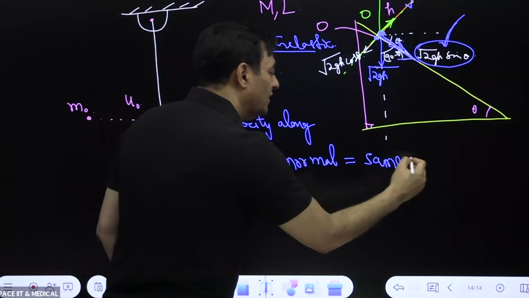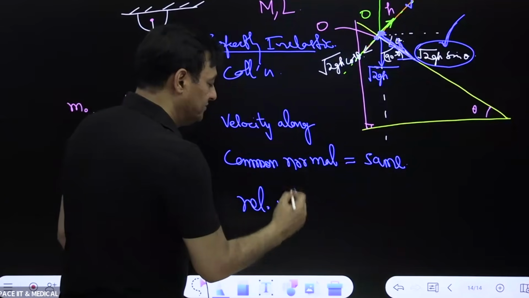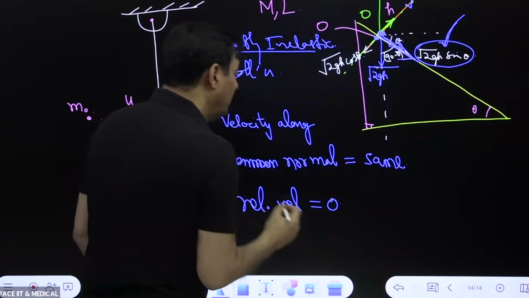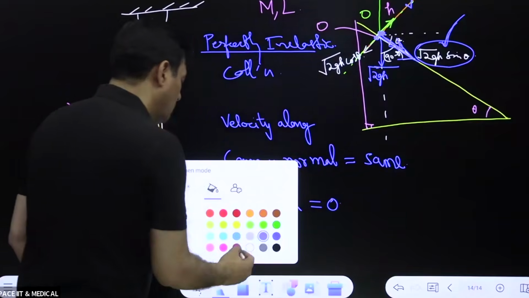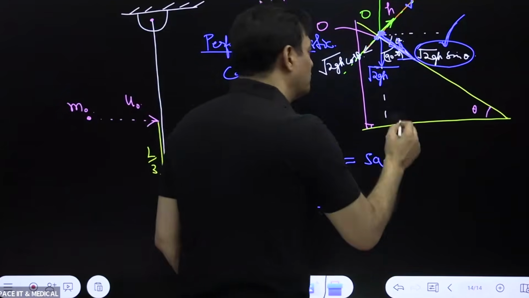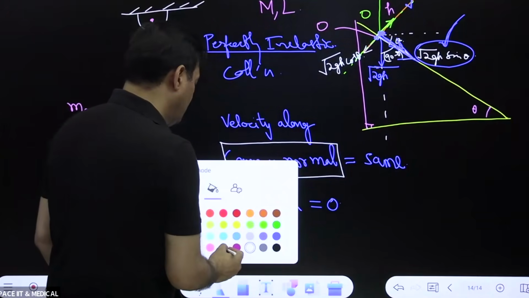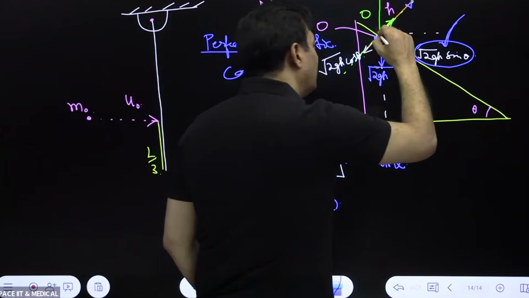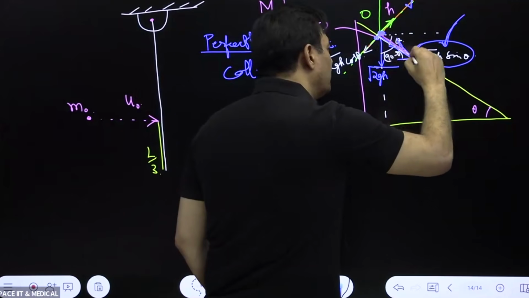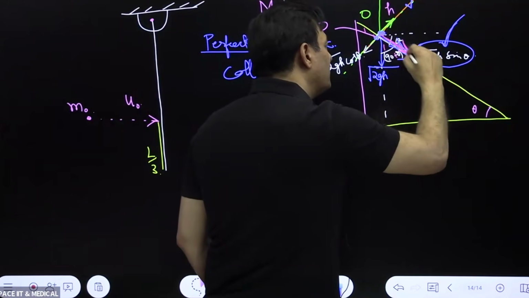for both bodies, and the relative velocity should be 0. But in which direction? Along the common normal, not along the tangential direction. So this ball, despite having a perfectly inelastic collision, still had a velocity after collision in this direction, and because it was frictionless, that velocity remained unchanged.